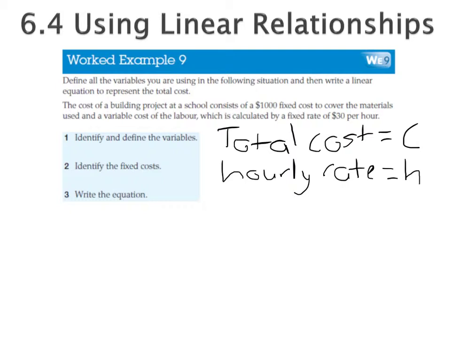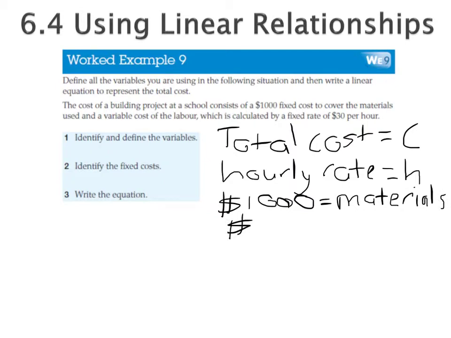Okay. We also need to identify the fixed costs. In this instance, a fixed cost is $1,000 for materials. And we also have $30 for labour. So now we need to make an equation for this.